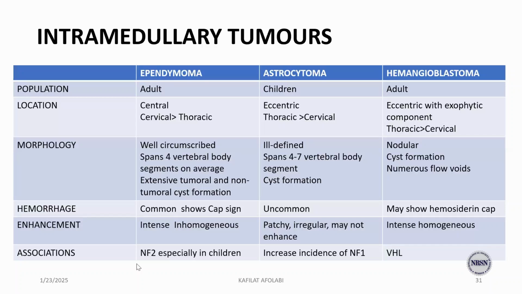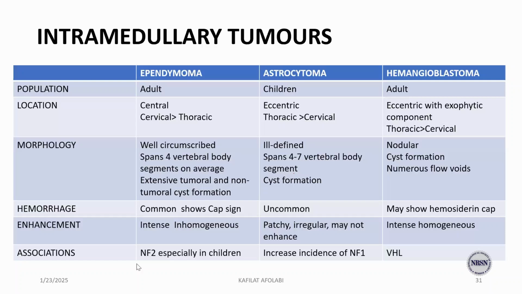Both astrocytoma and hemangioblastoma are commonly located in the thoracic cord, while ependymoma involves more of the cervical cord. Ependymoma spans shorter vertebral levels, while astrocytoma is usually more infiltrating and spans more vertebral levels.